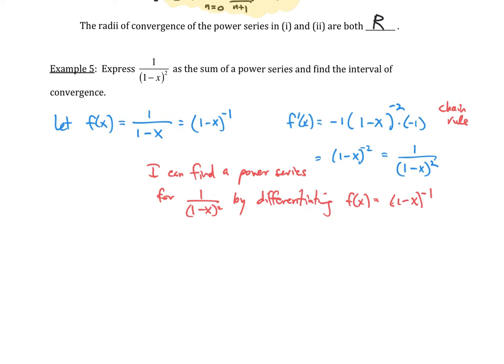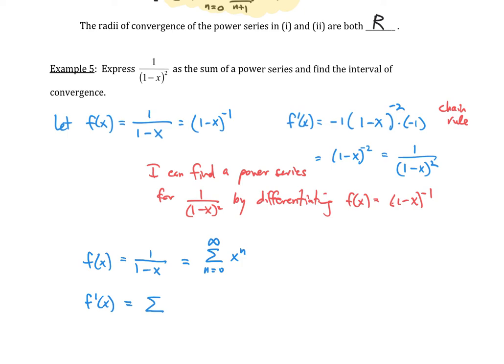So let me make it explicit down here. I can say f of x equal to 1 over 1 minus x is actually equal to the summation as n goes from 0 to infinity of x to the n. If I want to calculate f prime, which I do, I just differentiate term by term.